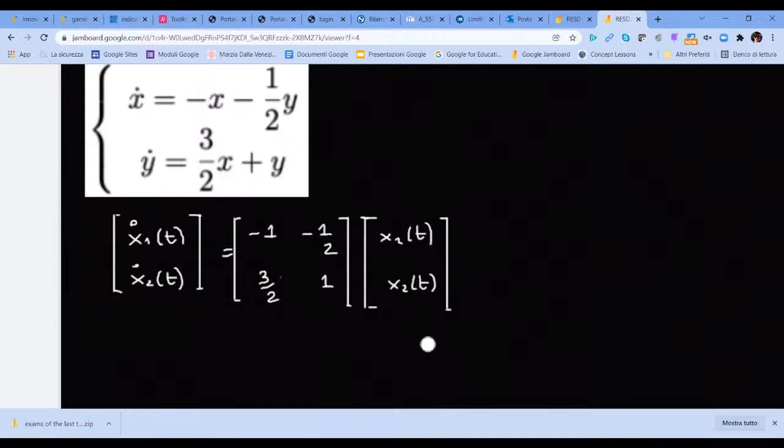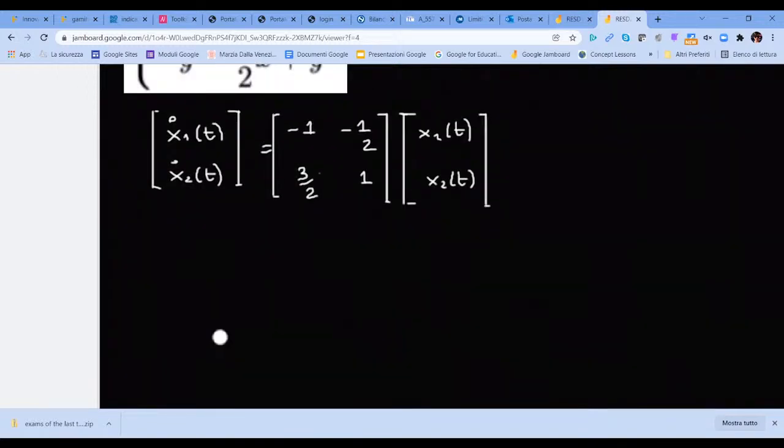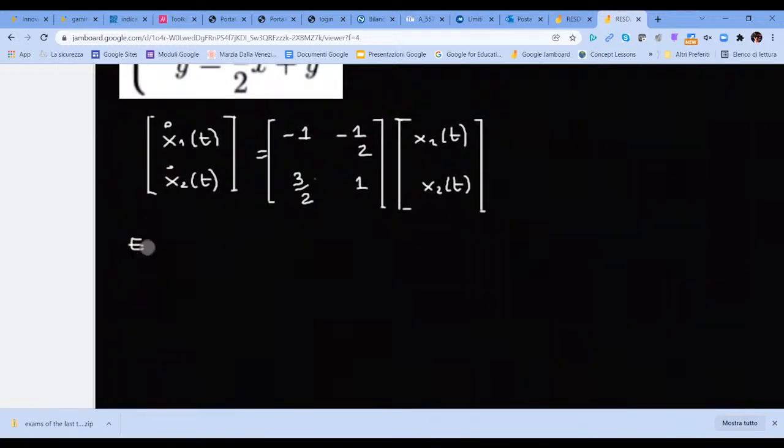Okay, so if we compute the eigenvectors of this matrix, we should use one of the two methods that I gave you, and they are given from this matrix.